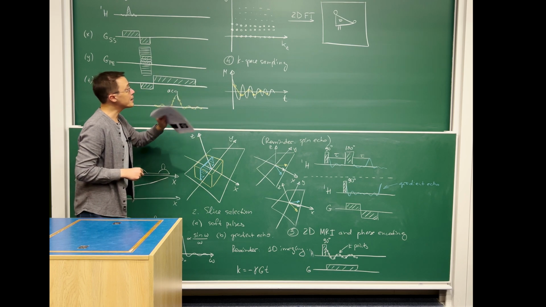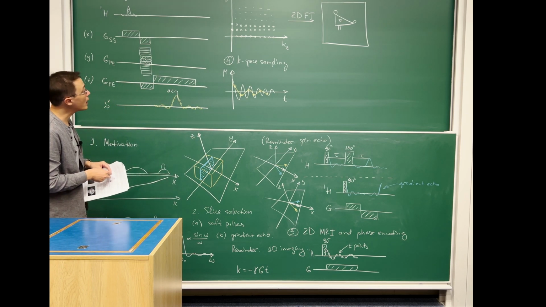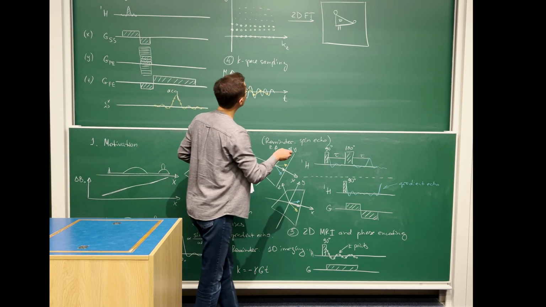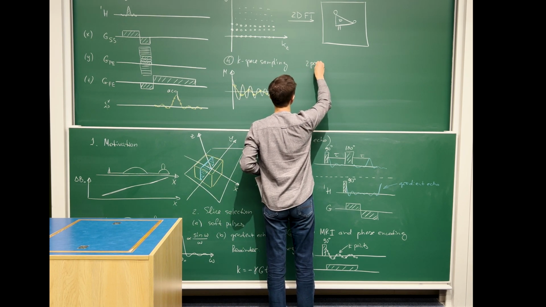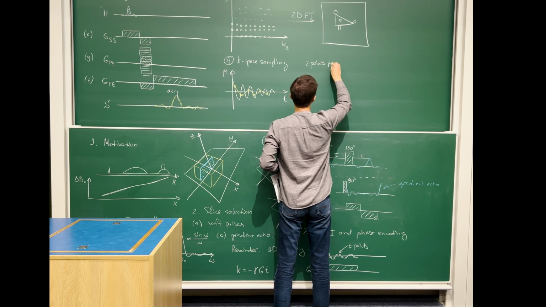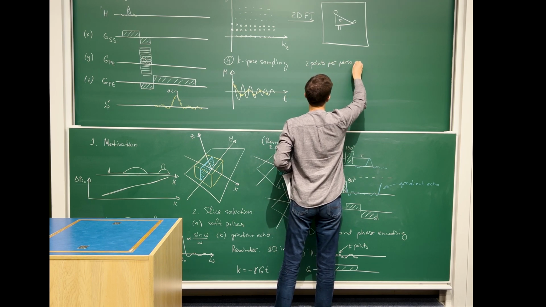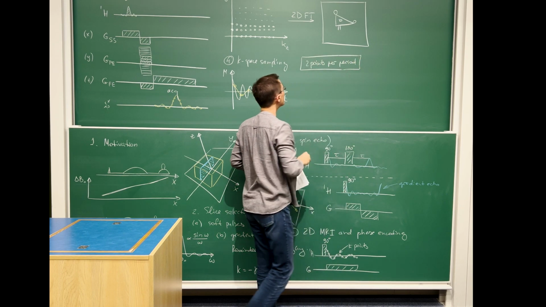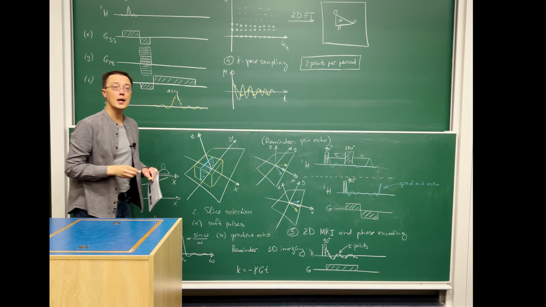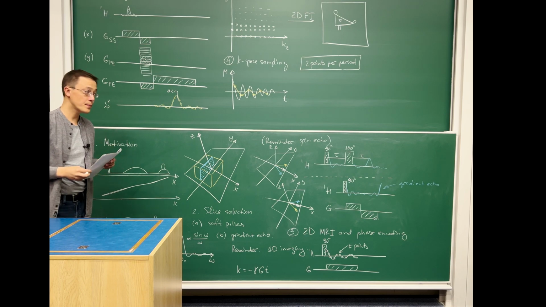So clearly there are minimal sampling requirements, and it's the same old Nyquist-Shannon theorem, so 2 points per period of the fastest oscillation is necessary to reconstruct the signal without any loss of information.